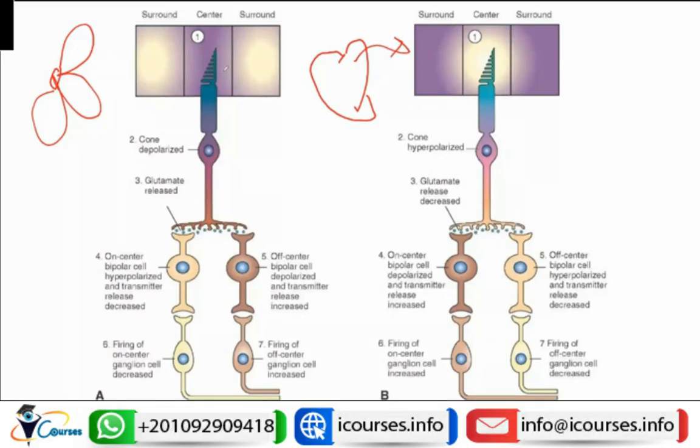Let's say that you are looking at something in the dark, so there will be a peripheral part of the retina which has some light, while the cones of the fovea are not stimulated by light. So the cones present in the center are not stimulated, but the periphery or the surround is stimulated.